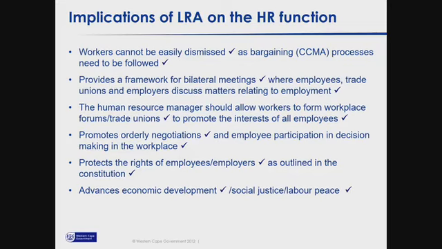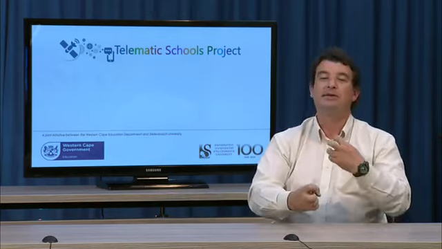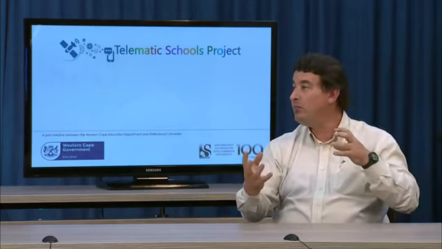To give you one example of a right that both employees and employers may have in this act, employees have the right to strike if negotiations are in deadlock. But the employers also have a right to lock them out. Correct. So there's rights and responsibilities for both parties here, because remember, the Labor Relations Act is about keeping the relationship between the employers, employees, and of course the state together.